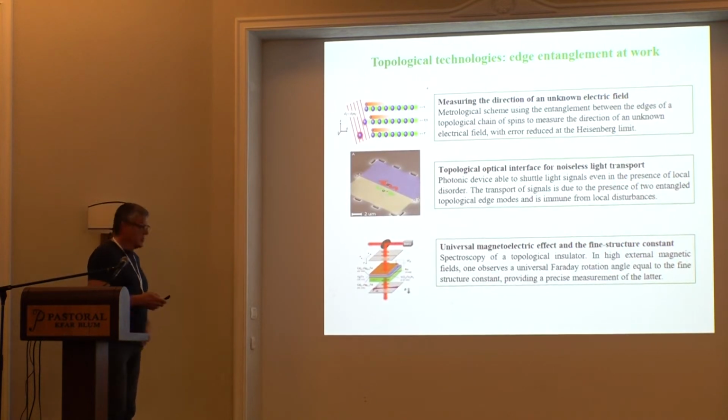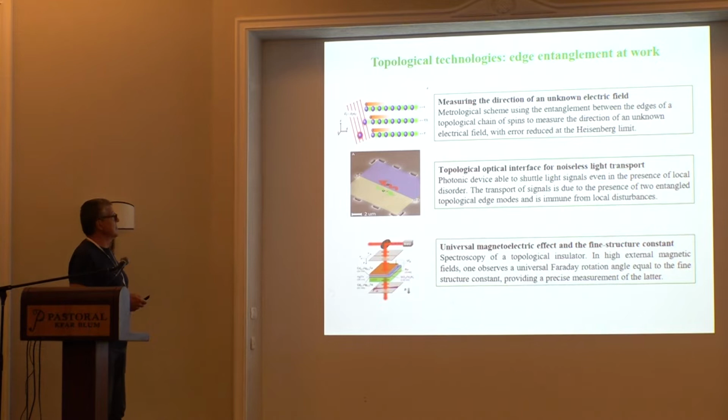Now, topological technologies, based for instance on topological superconductivity, but not limited only to it, have the potentiality to provide devices in different fields of quantum technology, including sensing, metrology, and possibly, of course, the holy grail of topological quantum computation that I will not talk about today.